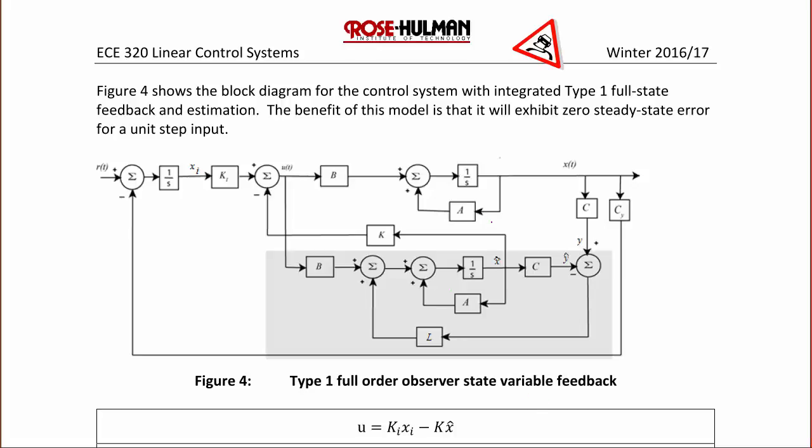We also have the state variable feedback from before, but now the new information is over here where we now have a state variable x sub I and k sub I, where we have the integrator added in so that we could get a zero steady state error. This would be the solution to use instead of using a pre-filter.